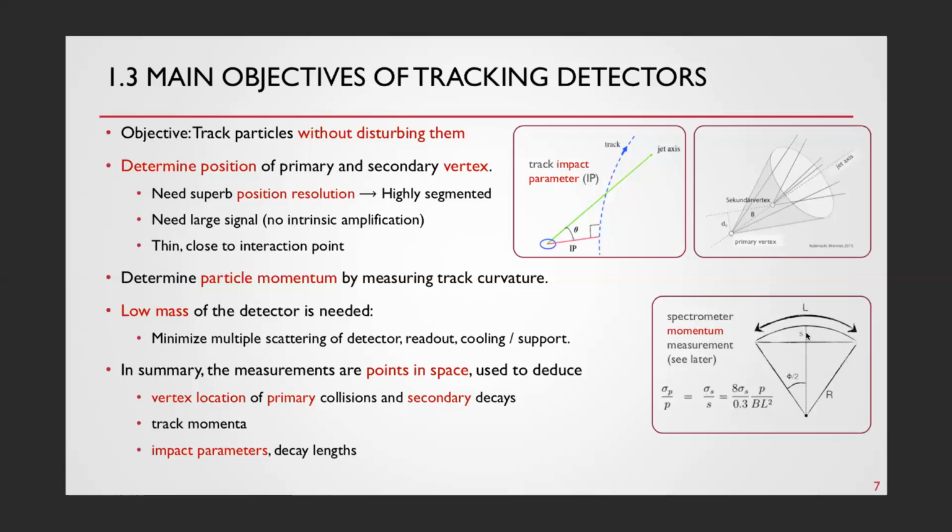And if we do it well, we get a percent level momentum resolution up to the TeV scale, and that allows us to test even physics beyond the standard model in the TeV regime and whatnot.